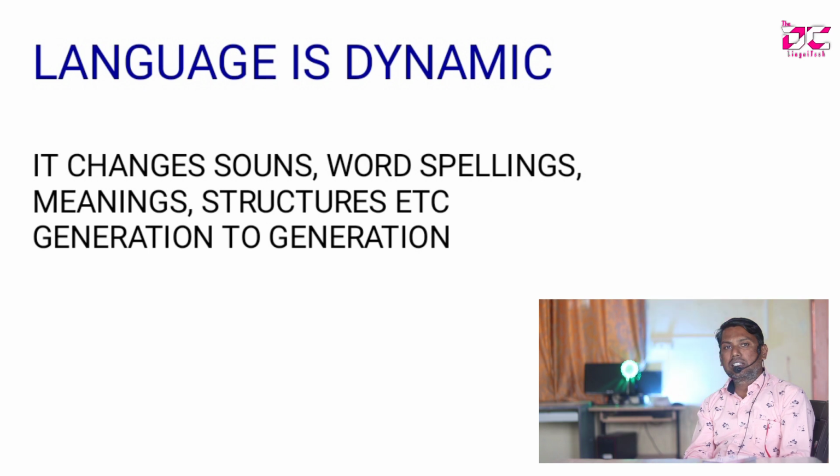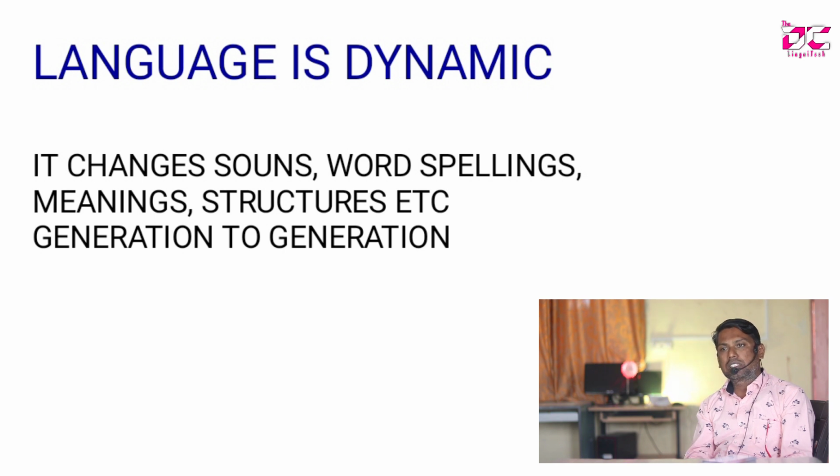Spellings keep on changing, meanings keep on changing, meanings keep on being added and deleted, and words come into existence and they die. For example, words like gramophone will not exist after so many years. It is now dead. Even tape recorder will be dead after a few years. Radio will be dead after a few years.